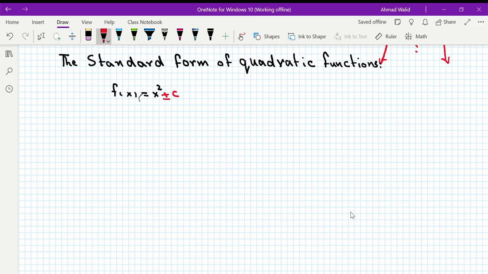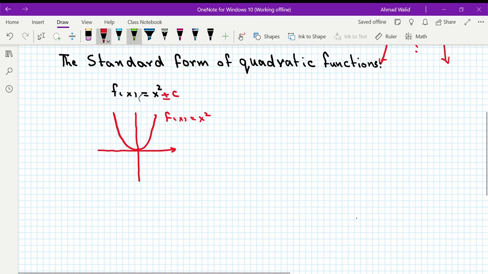Correct? If I show it in a graph for you to review, this red graph is f of x equals x squared. The green one will be f of x equals x squared plus c.